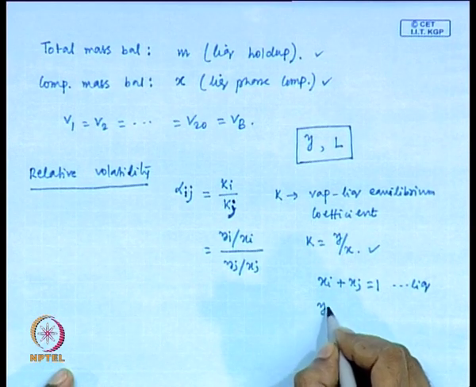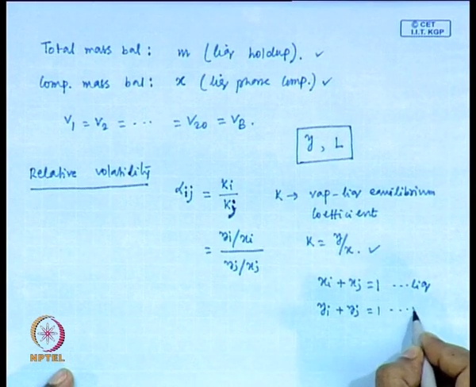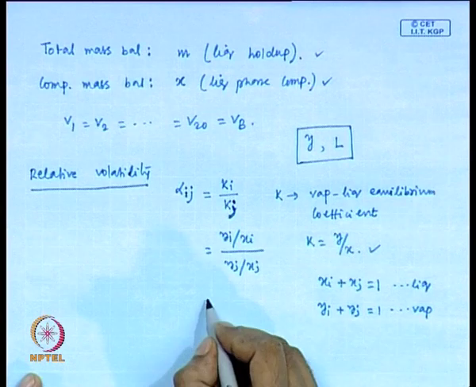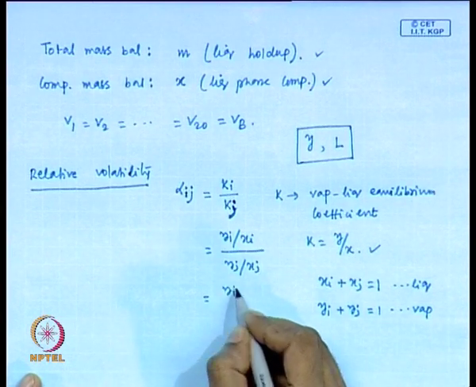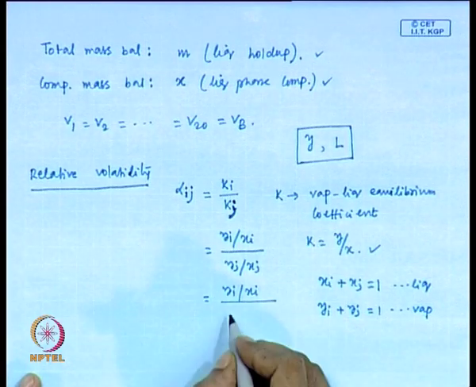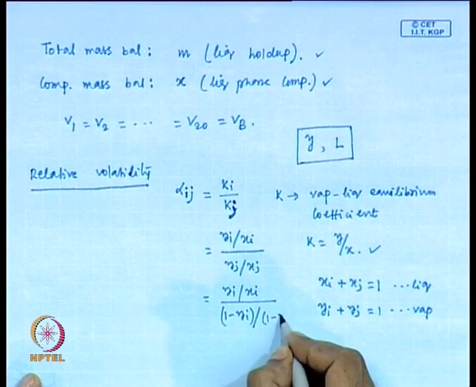Similarly, for vapor phase we can write yi plus yj equals to 1. Agree? Because our mixture is a binary mixture. Now, we will write here (yi divided by xi) whole divided by ((1 minus yi) divided by (1 minus xi)).